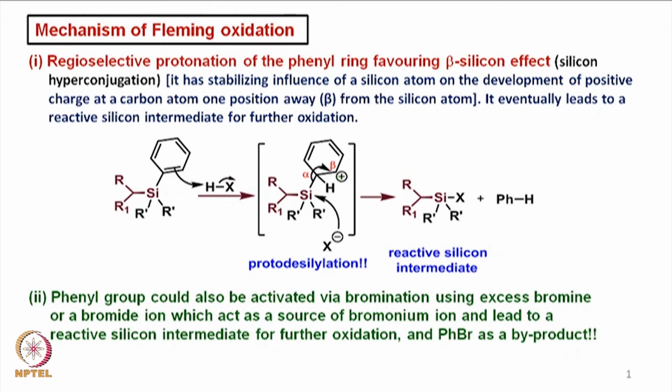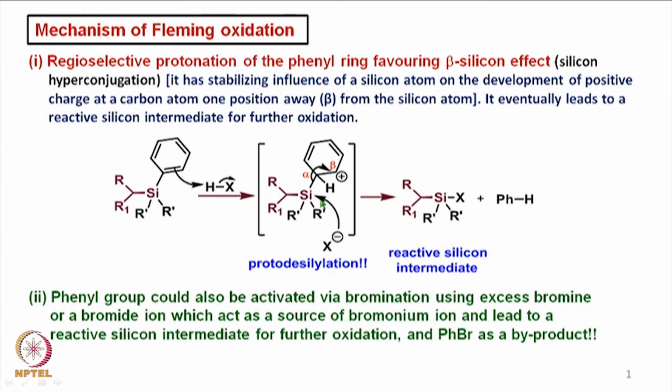So, this particular formation of a positive charge at the beta carbon then eventually allows a protodesilylation, because the negative charge that has come on the X, say for example if we use HBr, then it is a bromide ion.